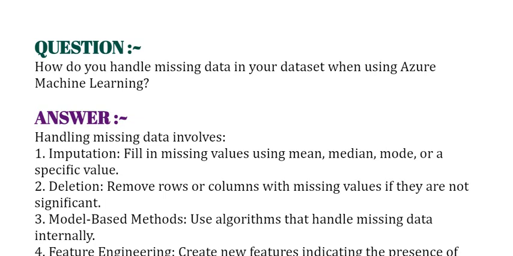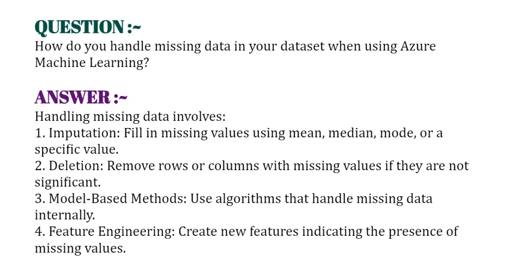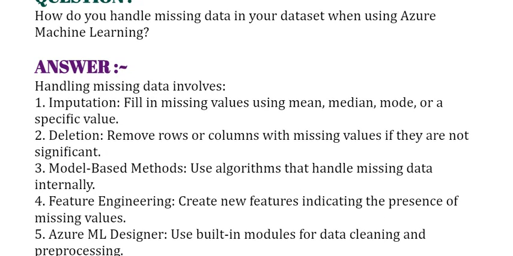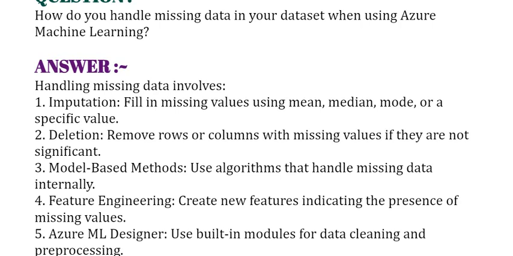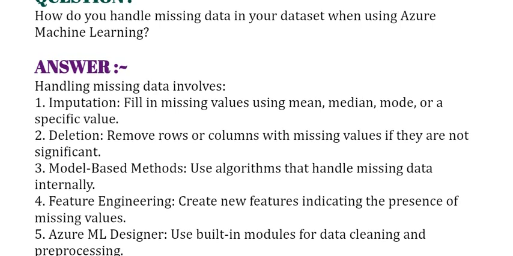Remove rows and columns with missing values if they are not significant. Model-based methods. Use algorithms that handle missing data internally. Feature engineering. Create new features indicating the presence of missing values. Azure ML Designer. Use the built-in modules for data cleaning and pre-processing.